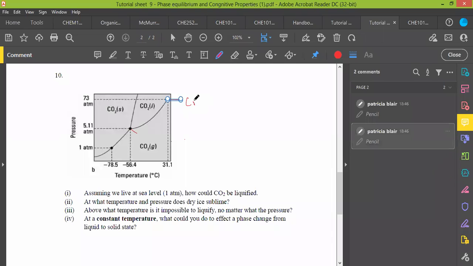Critical point is a point where your gas can no longer be compressed. Okay? Your molecule is no longer a gas, it becomes a supercritical fluid. At critical temperature, so this temperature and pressure, 78 atm and 31 degrees Celsius, this is the critical pressure and temperature for carbon dioxide.